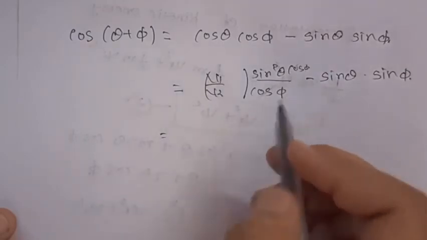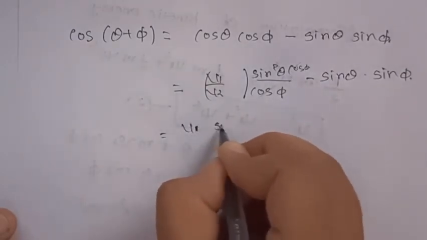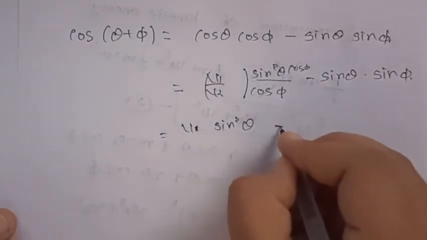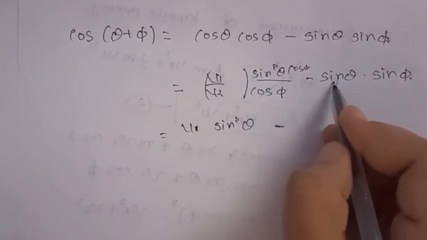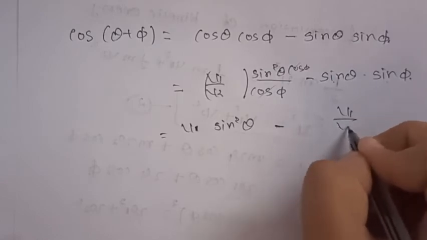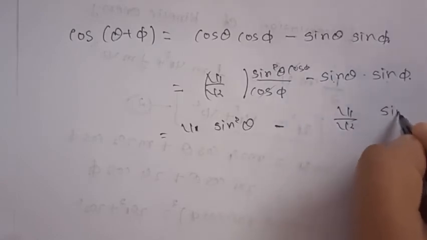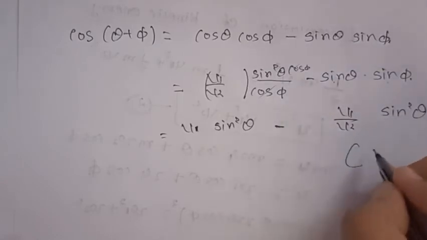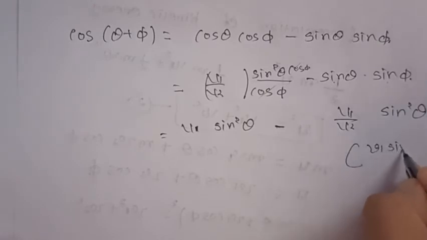So this cos phi will get cancelled out, so v1 sin square theta minus this sin phi can be written as v1 by v2 into sin square theta, because v1 sin theta is equal to v2 sin phi.